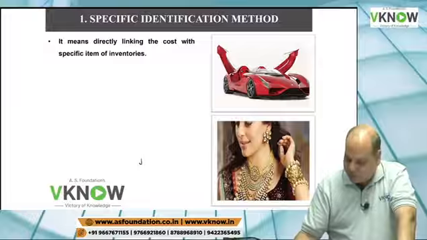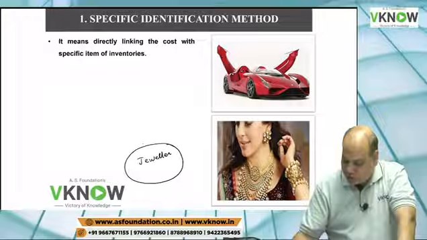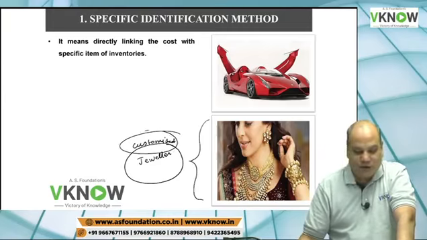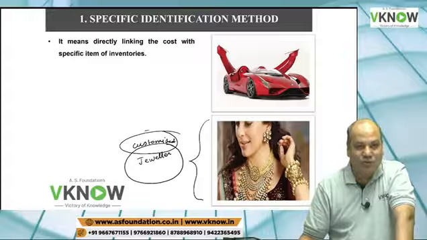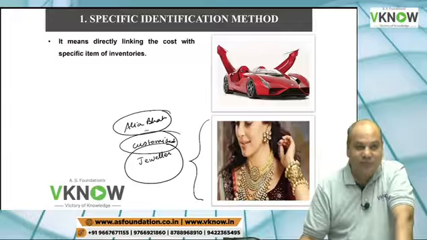Or for example, jewelers who make customized jewelry. So Juhi Chawla goes and she says, please make a necklace for me. After some time, Alia Bhatt also goes. Alia Bhatt says, please make a necklace for me also.